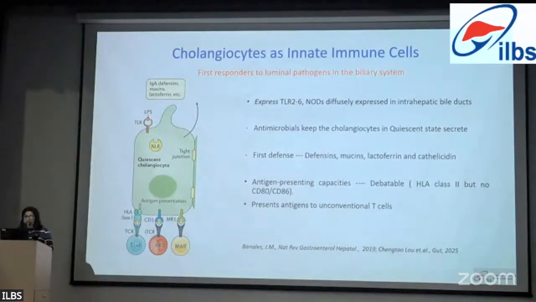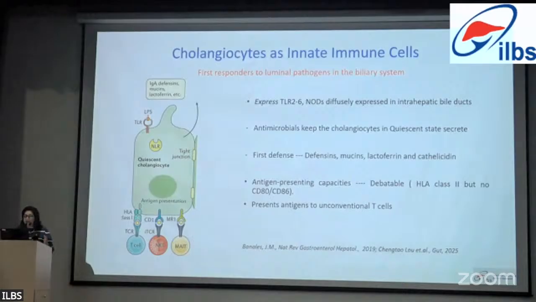Not only this, they also secrete antimicrobials in response to any attack, say from damage, bacterial invasion, or any other pathogenic attack. These antimicrobials keep the cholangiocytes in a quiescent state. A huge amount of immunoglobulin A is released by these cholangiocytes, and these antimicrobials play a big role in keeping them in an anti-inflammatory, quiescent state.